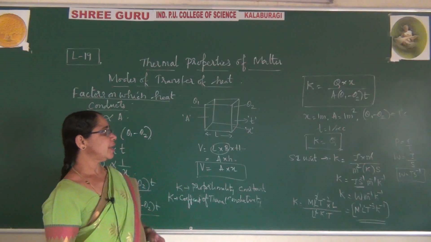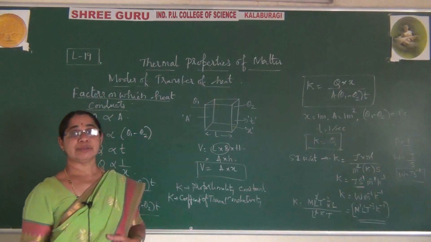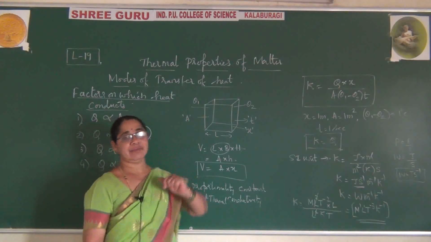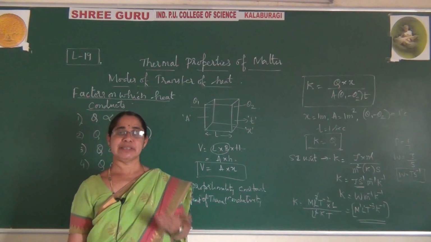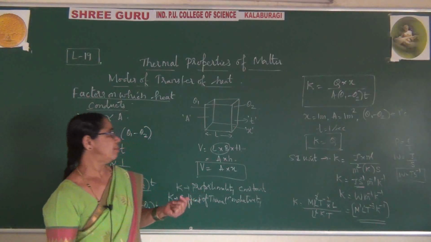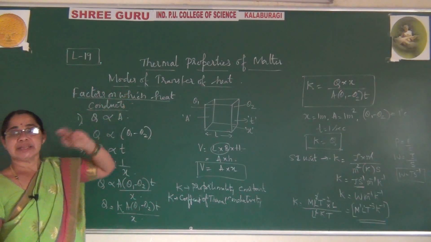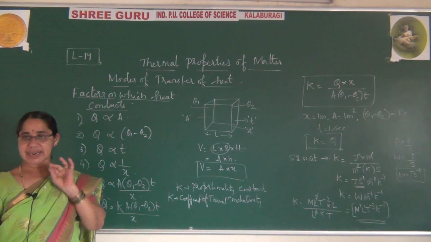Hope you understood today. Now in the next class, I will use the concept called temperature gradient. With the help of that, again we will define the coefficient of thermal conductivity, represented by symbol K. Today we have learned the modes of transfer of heat. In that we learned 3 modes of transfer of heat: conduction, convection and radiation.